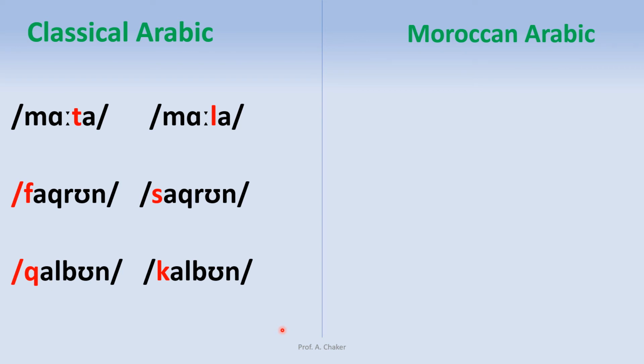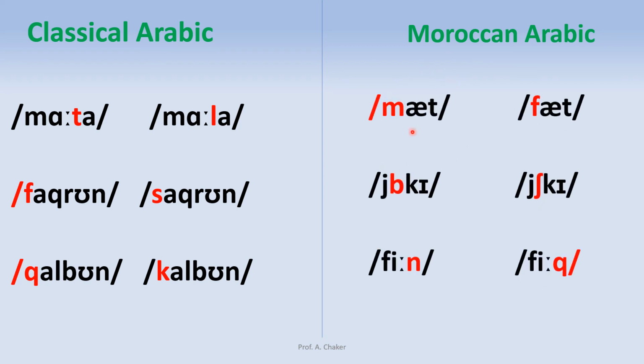Moroccan Arabic, which is Darija, that we speak in our daily conversations in the street, in the house, wherever we go. These are examples. Mat, fat, m and f are phonemes in Moroccan Arabic. Y, you remember y? This is y. Yibki, yishki. B and sh are phonemes.